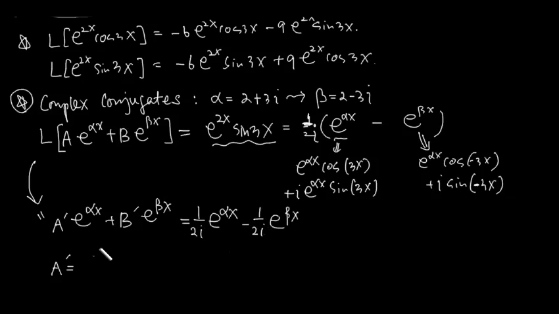So a prime must be 1/2 divided by 1 divided by 2i, and b prime is negative 1 divided by 2i. So you will get these complex numbers in front of e to the alpha x and e to the beta x after you go through the operator, and you have to set these two things equal to each other. From there, it's a separate equation, and it's not a and b mixed together, so you can figure out what a and what b is.